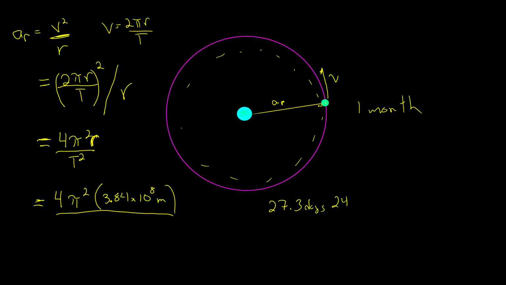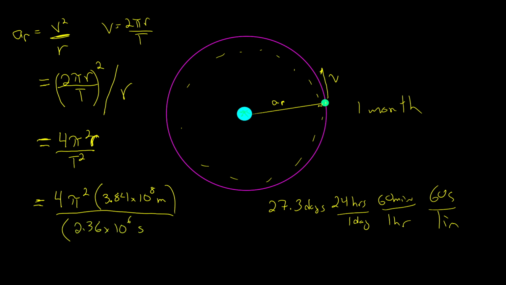There are 24 hours in 1 day, 60 minutes in 1 hour, and 60 seconds in 1 minute. And so for my T squared, I multiply all those together, and a month is 2.36 times 10 to the 6 seconds. So I'll square that. And I run screaming over to my calculator, and I get 2.72 times 10 to the negative 3rd meters per second squared.